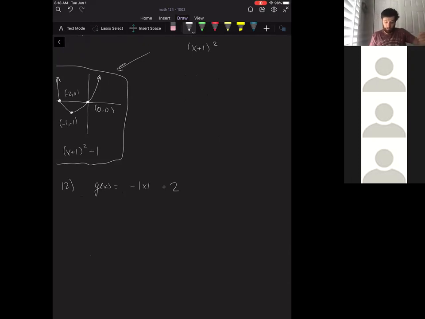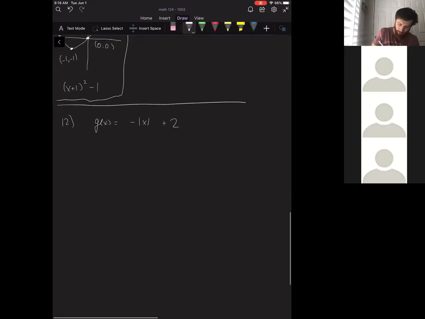Okay, so for this example, we want to graph this function: minus absolute value of x plus 2. So just like always, we start with the parent function. We get rid of every single number that is not an exponent. So we've got to get rid of this minus sign and we've got to get rid of this 2. So our parent function here is just absolute value of x.